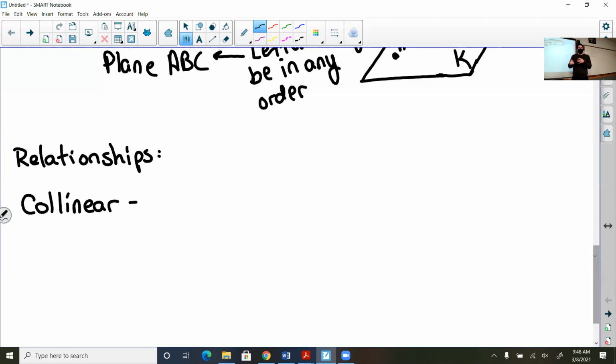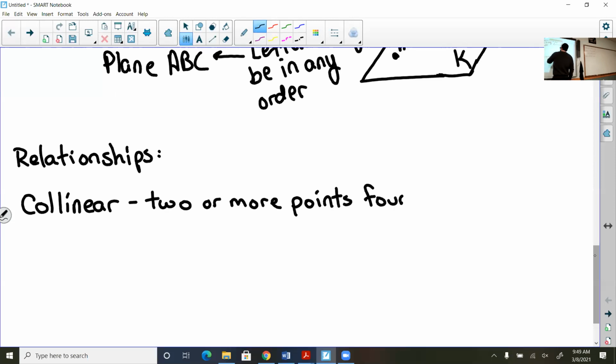So if something is collinear, it means that it's also on that line. So if I were to have 2 points on the same line, I would say that those points are collinear. So to be collinear means that we have 2 or more points that are found on the same line. Like the example of a line AB, A and B were collinear.